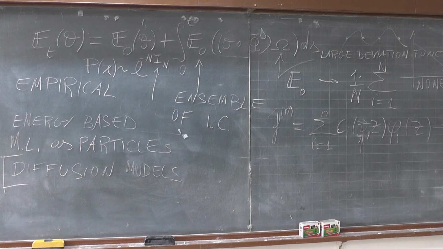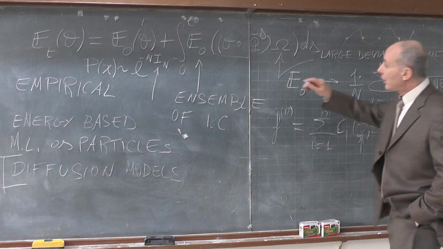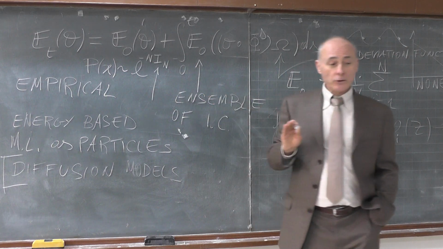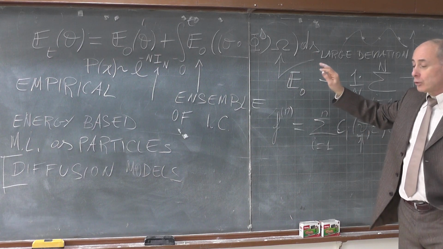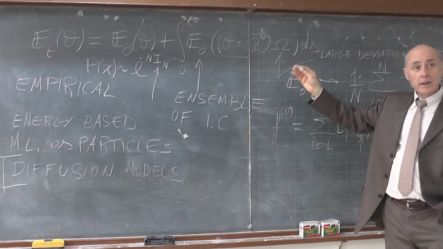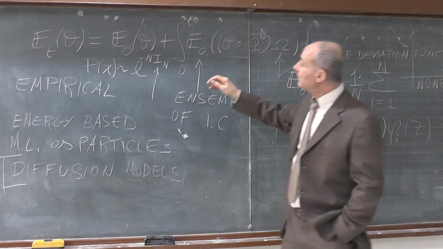Large deviations theory is based on a large deviation functional, and as far as I understand, but this I should ask one of my postdocs, precisely what it does. But he has surely written it in a tutorial that he has put in the archives recently. Okay?